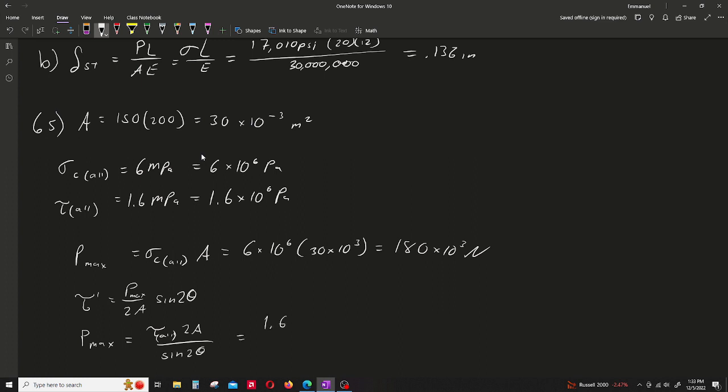And that gives us 1.6 times 10 to the 6 times our 2, and the area was 30 times 10 to the negative 3, and then divide that by the sine of 90 degrees. Yeah, it's just a block there, sine of 90 degrees. And then I'm not going to scroll down, I'll just write over here, we get 96.0 times 10 to the third newtons.